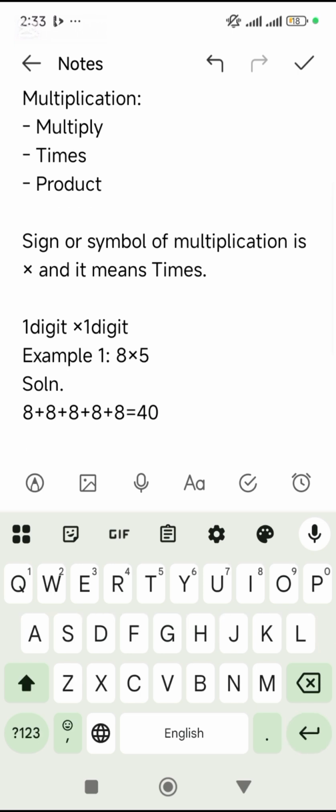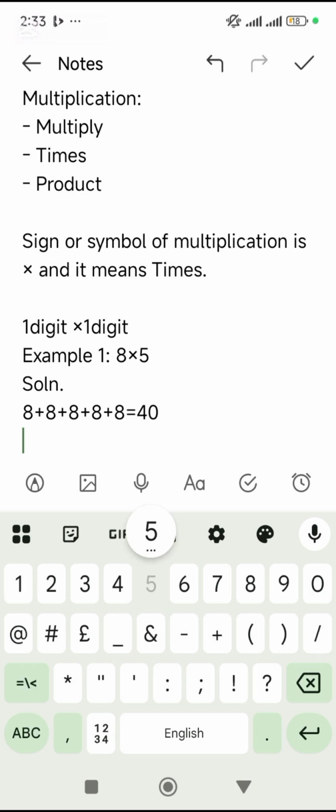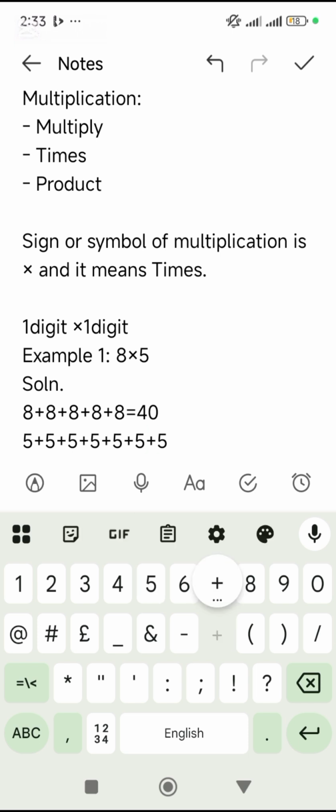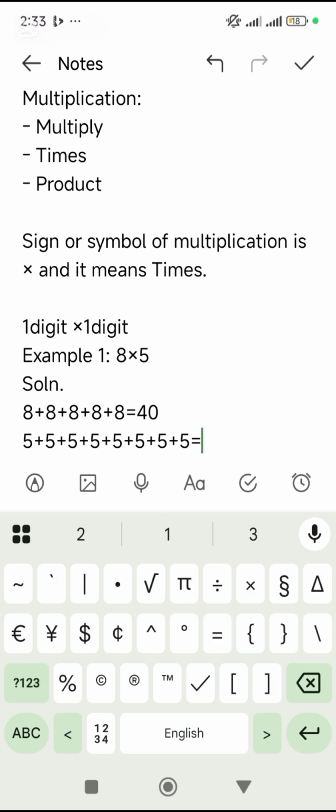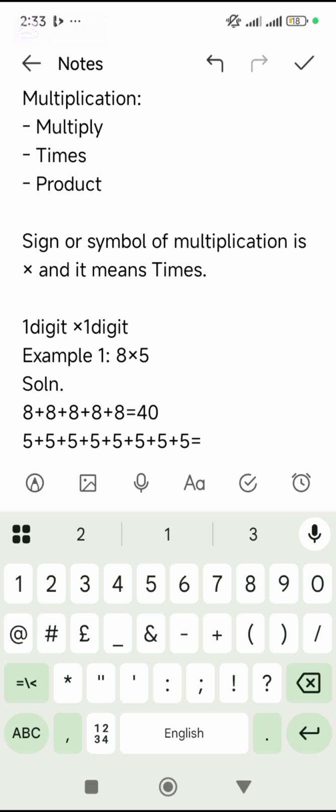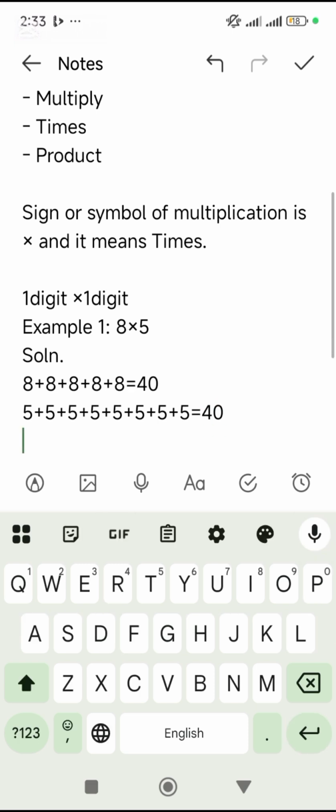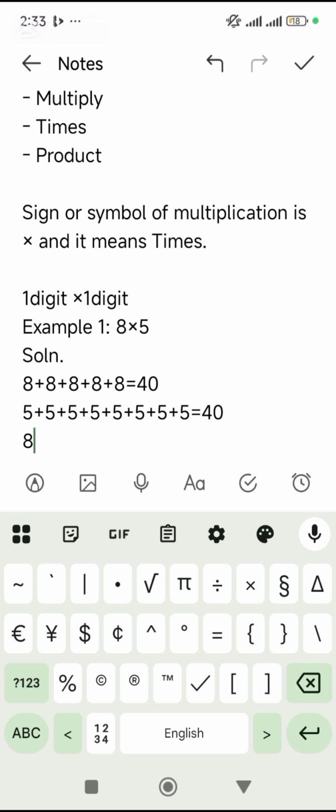It equally means the other way around: you can have 5 in 8 places. 5 plus 5 is 10, plus 5 is 15, 20, 25, 30, 35, 40. So 8 times 5 equals 40.